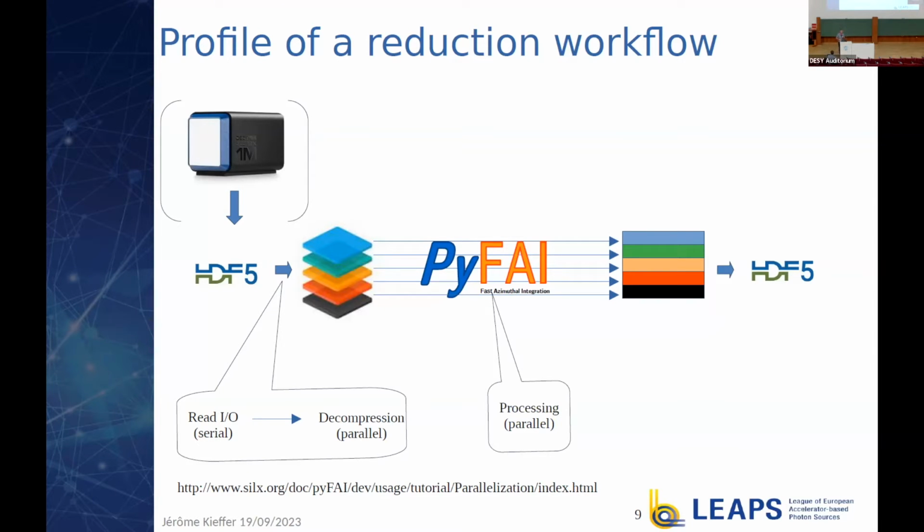Pi5 itself is parallelized using either OpenMP or OpenCL. And then the writing to the new HDF5 file is parallel for the compression part, and for the IO part it is serial, again because of the HDF5 library.